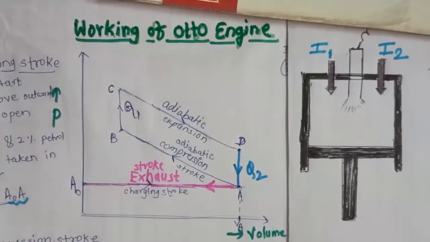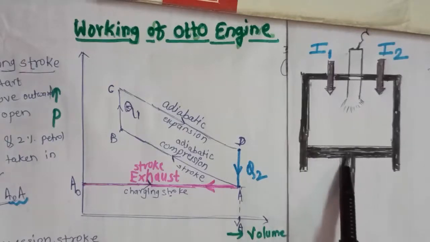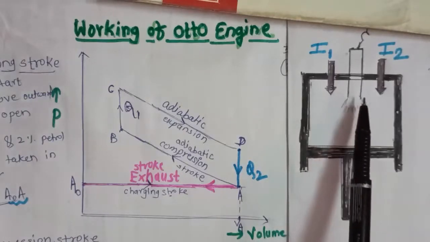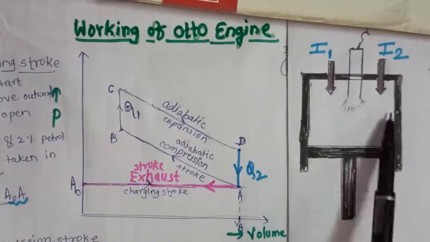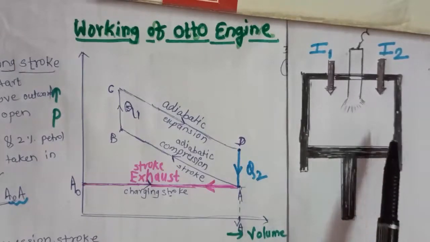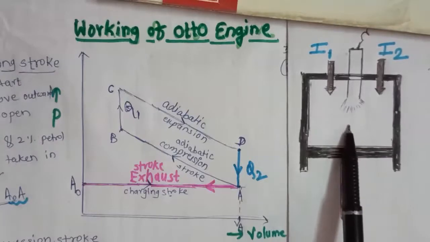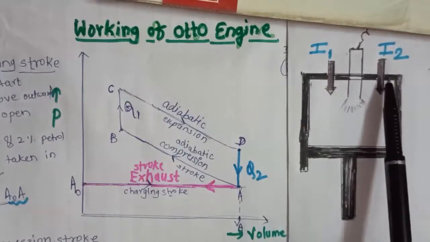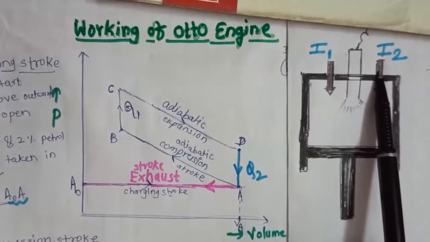Fourth step, that is the exhaust stroke. This piston pushes inward all the remaining part inside the cylinder, that is burnt and unburnt gases, which are forced out through this window I2.